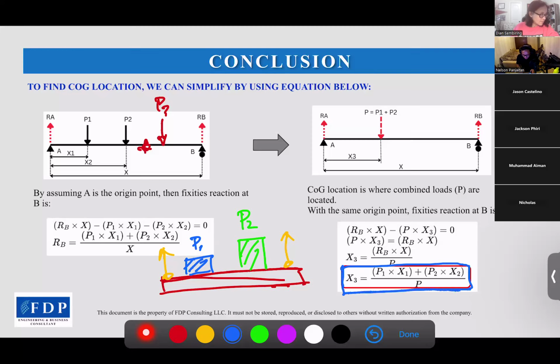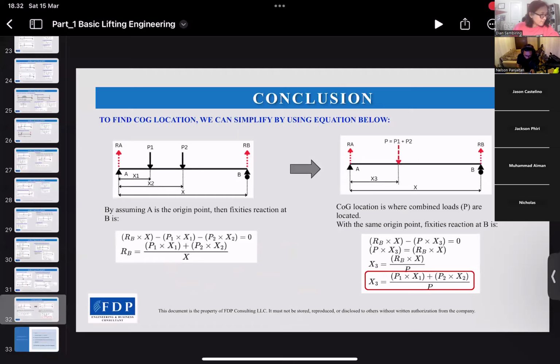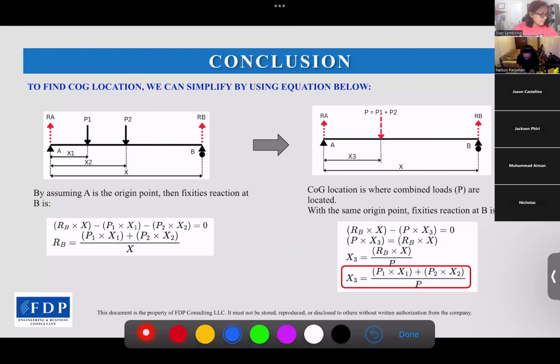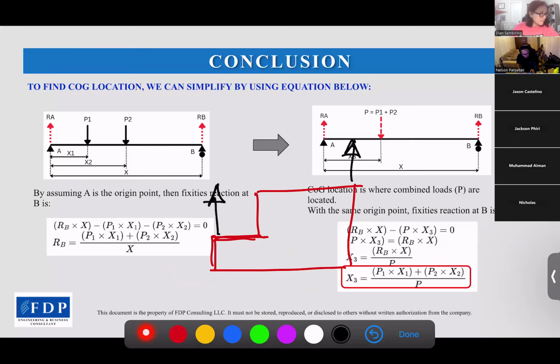So P1 and P2 are the external forces acting on the system. It will be the same if we have, for example, a section like this, and we want to lift it, with a lifting point here and here.